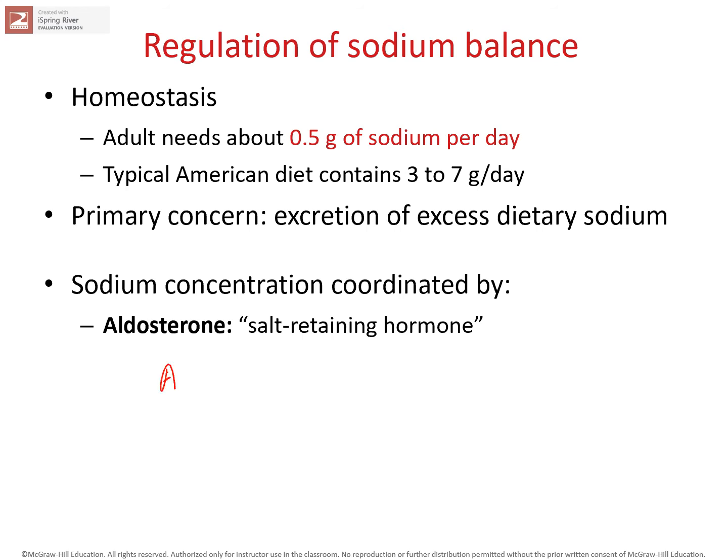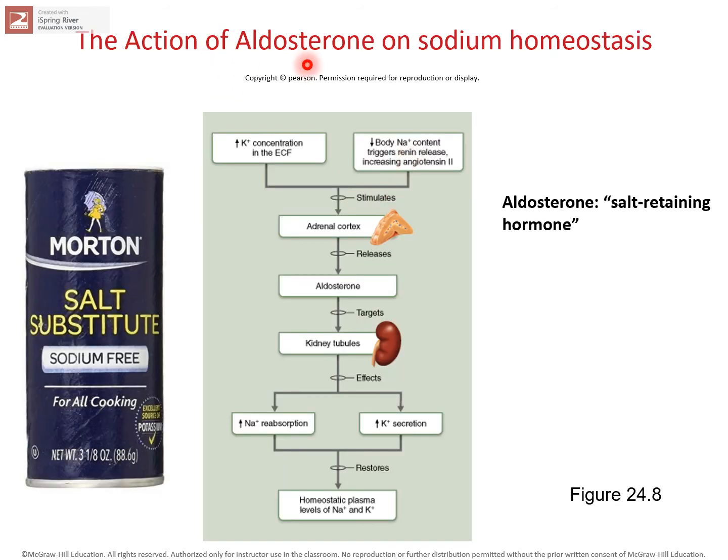So we have atrial natriuretic peptide. We'll talk about this a little later, but this is a hormone that plays a very important role in preventing reabsorption in the kidney. And again, sodium is very, very important because water in the filtrate follows sodium. So the aldosterone hormone plays a very important role in sodium homeostasis because it's called the salt retaining hormone.